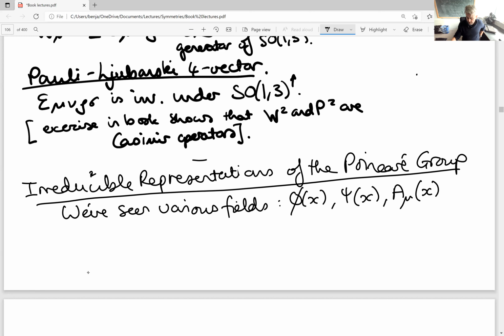And we've discussed how these fields behave with respect to the internal symmetries, but what are these fields in terms of the external ones? So the question: what are they in terms of external symmetries?